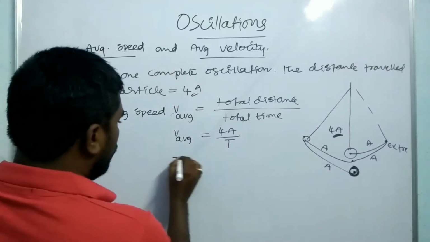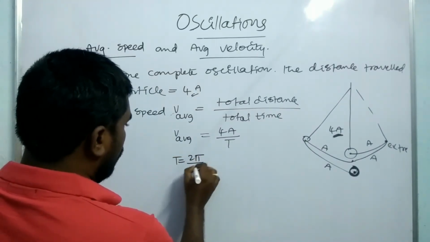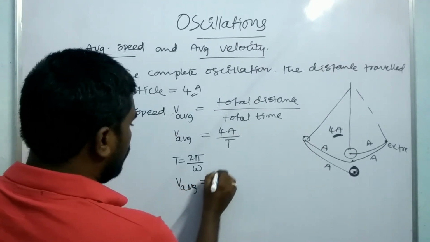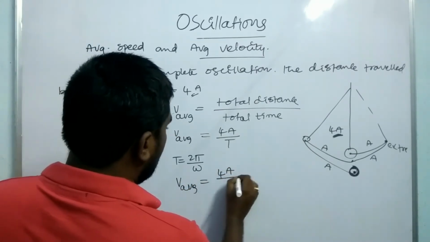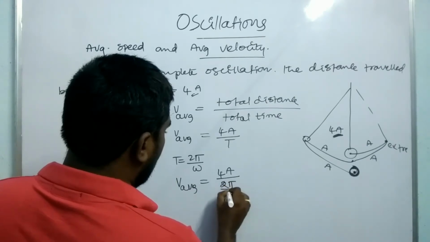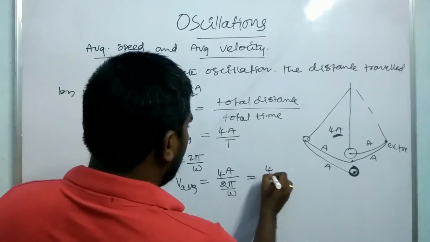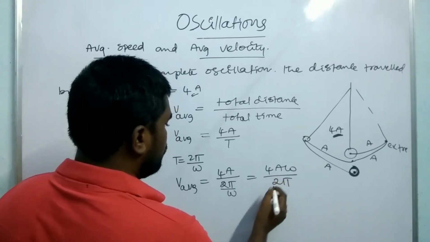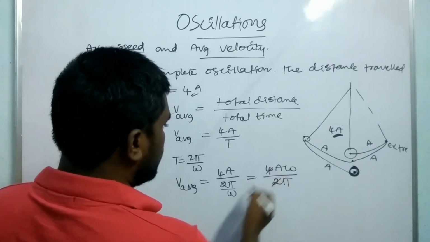So T is equal to 2 pi by omega here. Let us take V average, it is equal to 4a by 2 pi by omega. So it will be simplified to 4a omega by 2 pi, and the 2 can be cancelled out.